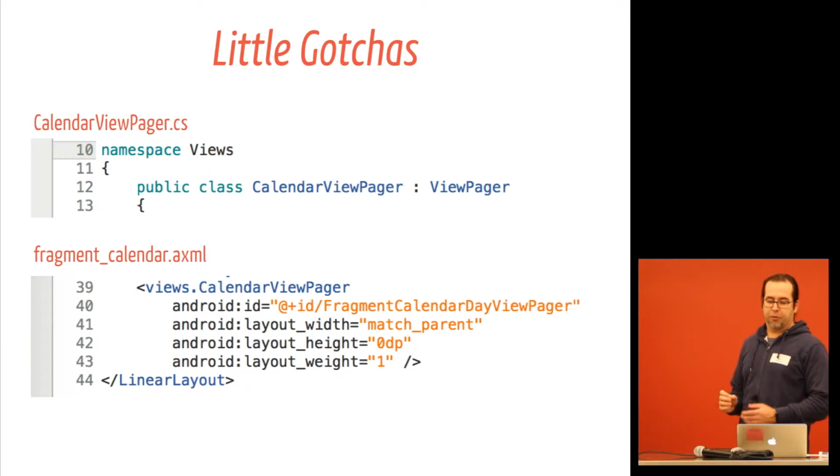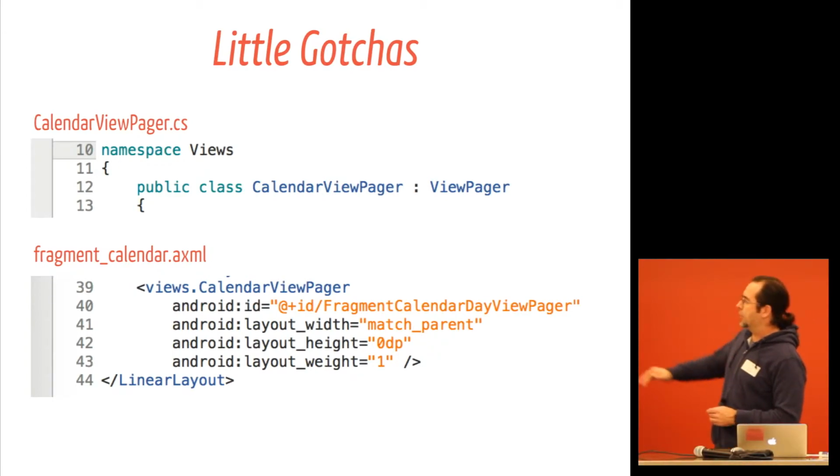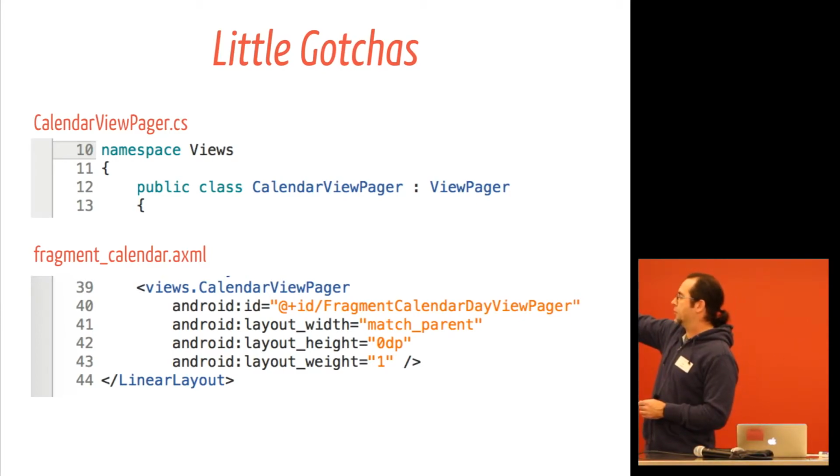Okay, I just want to run through some little gotchas. What I found is that as you're coding, you run into these little things a lot. This is one example of something that you're translating from Java to C# in your head. Let's say you're subclassing a view class, like a view pager. It's in a namespace.